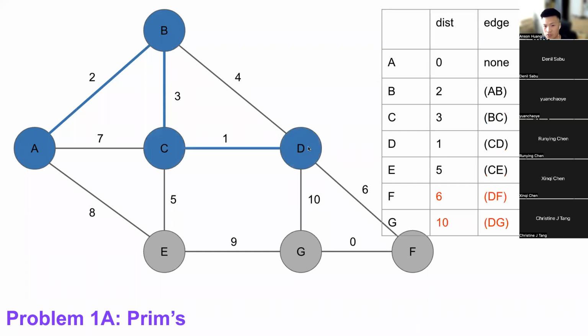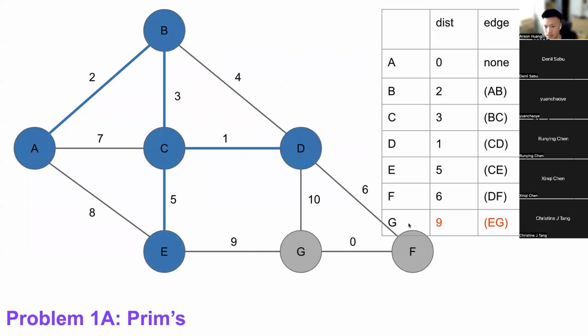Next, we go over to D. Now we're at D. We can go to G in a distance of 10, and we can go to F in a distance of 6. So D to G is 10, D to F is 6. And now we're at E. The distance from E to G is 9.